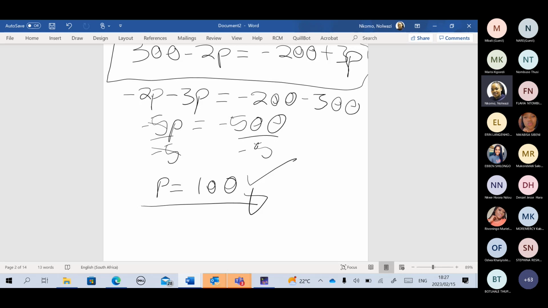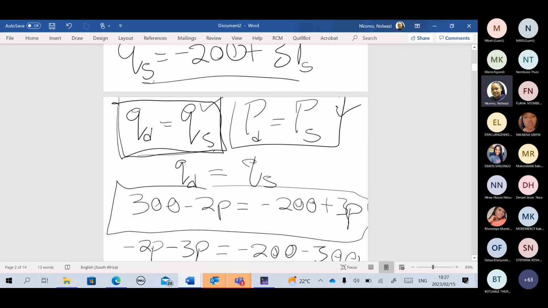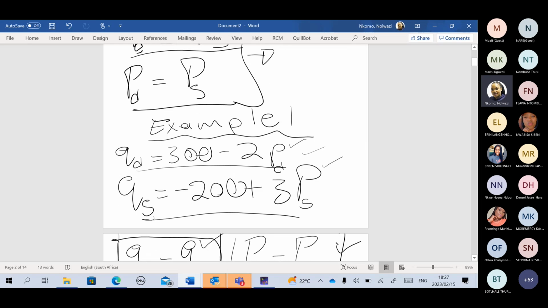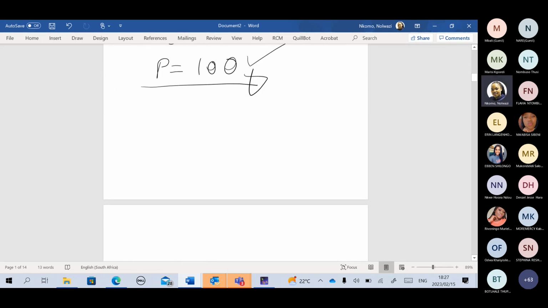Since we have the equilibrium price, we can just substitute it into any of the given equations. It's either the quantity demanded equation or the supply one. You still get the same answer. If we substitute into the demand equation, we'll find Q is equal to 300 minus 2 times 100, because we have P here, and this will give us 100, right?